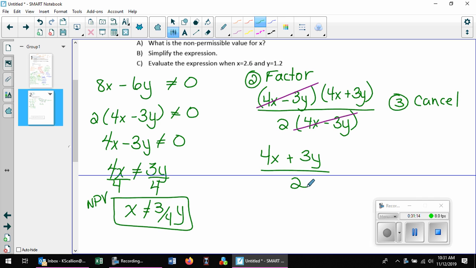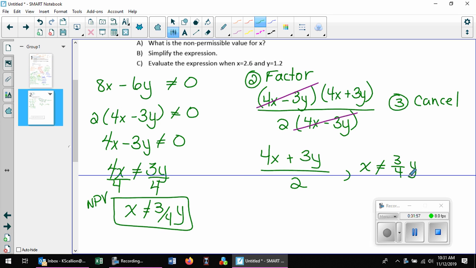So I stop here. And then I say where x cannot equal 3/4. A monster. I put the 4 to the 2. No, it would be that if it was squared.